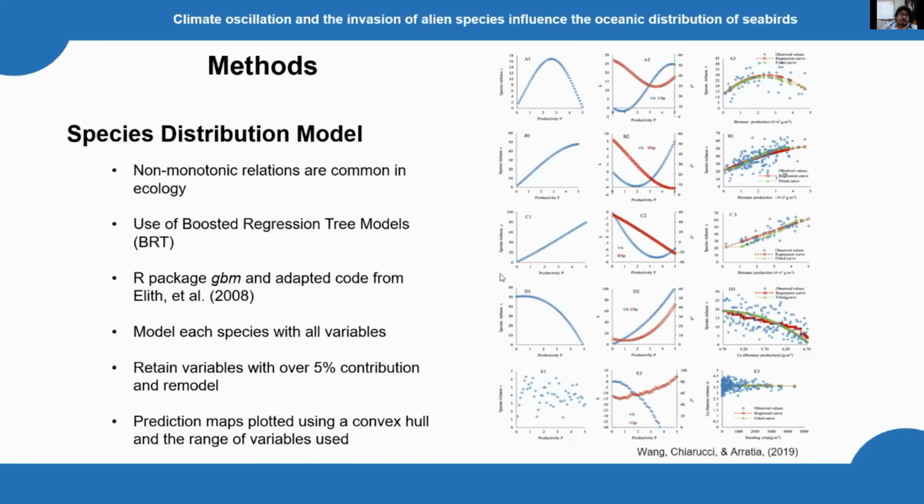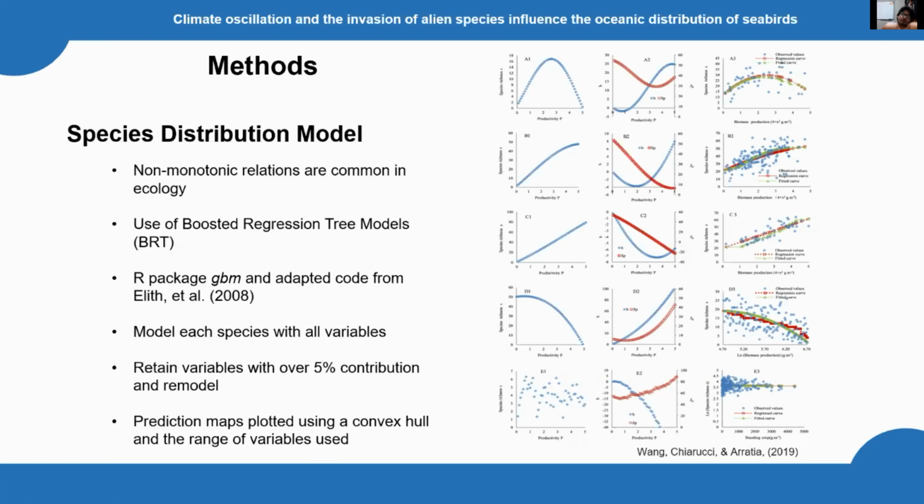And I think BRT models are really important. So we chose this one and used the R package gbm and adapted the code from Elith et al., who has a really comprehensive set of code that helps us to understand and to do these models. We ran the model with all variables, for all the most abundant species, those with over 100 observations.